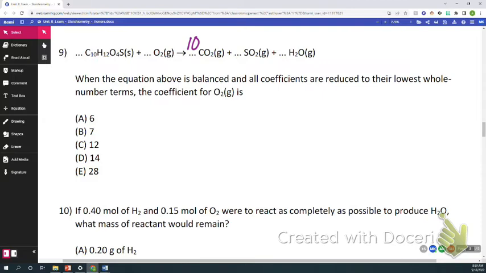We have H2, maybe put a 6 here. And then you have to kind of figure out the oxygens. There's 20 oxygens here, and there's 6. That's 26 oxygens already. There's 4 here on the left.